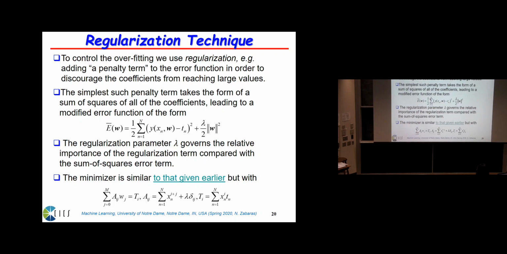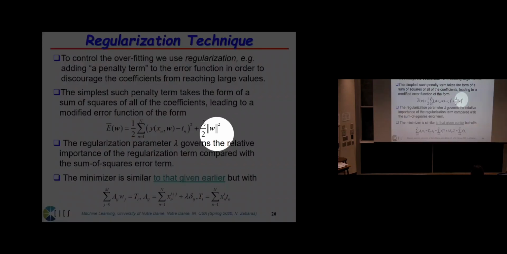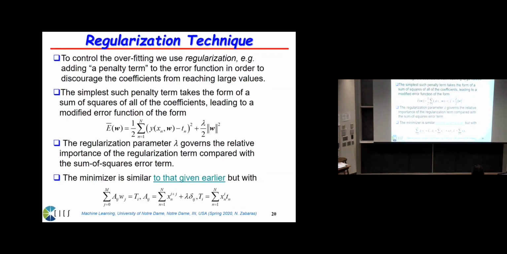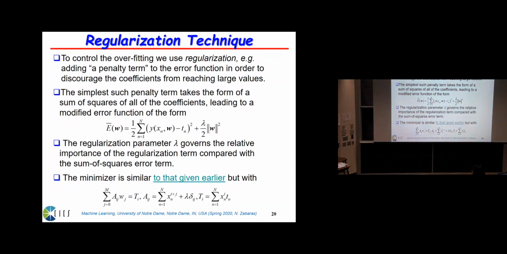Something very important, for those who have seen ideas of optimization with constraints in your undergraduate studies: regularization is not the same as penalizing, it is not using penalty terms. So this lambda here is not a very big number. It's usually a tiny little number.